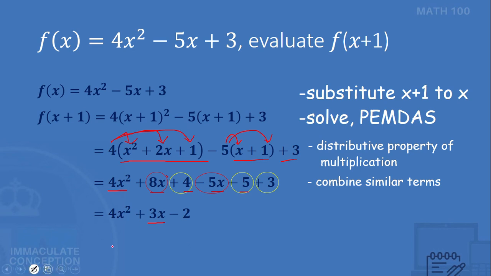This should be positive 3, so 4 minus 5 is equal to negative 1 plus 3. So we have now positive 2. So the final answer is 4x squared plus 3x plus 2.